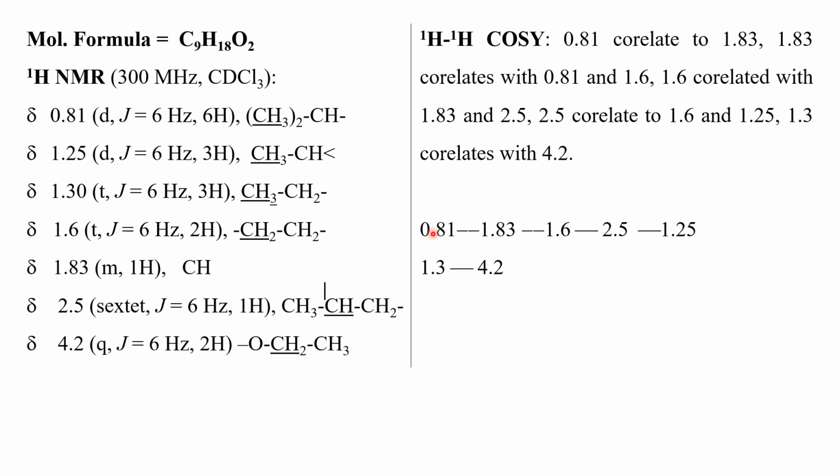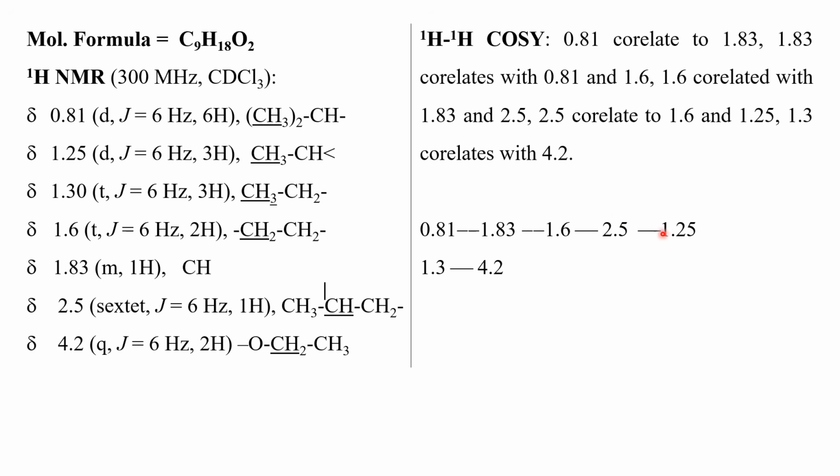So we can have the connectivity: 0.81 connects with 1.83. 1.83 has a correlation with 0.81 as well as 1.6. 1.6 correlates with 1.83 and 2.5. 2.5 correlates with 1.6 and 1.25.